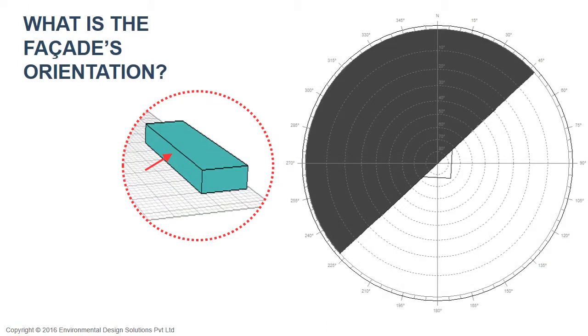Okay, here's another one. The shading mask for the facade here is a bit different from the previous example. How do you think the facade is oriented now?